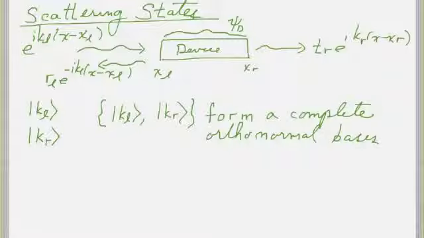Well, maybe not normal. We haven't normalized them because all we need is ratios. So as you can see, these aren't normalized, and we'd have to divide by some square root of length to properly normalize them. But they are orthogonal. If it's not the same k, they integrate to 0.